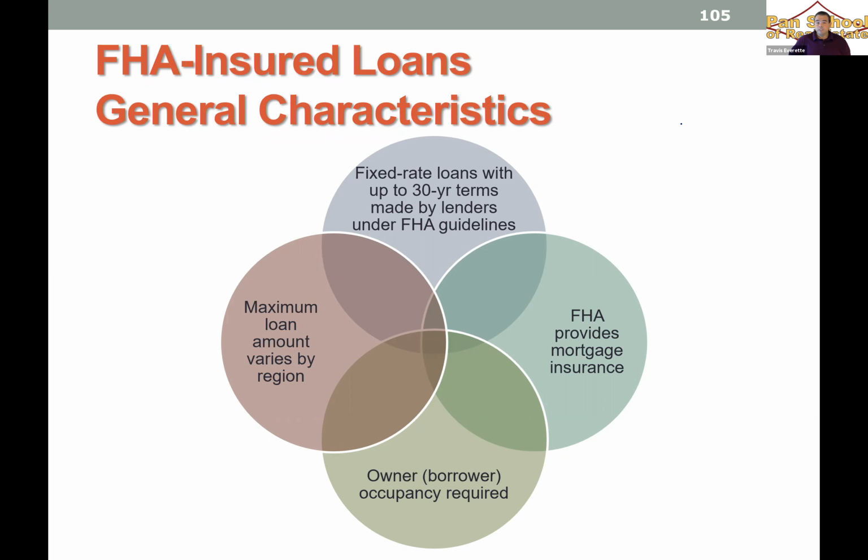The mortgage insurance, just the mortgage insurance on an FHA loan, the current rate for it is 1.5% of the loan amount annually. That means if you owe $200,000 on an FHA loan right now, you're paying $3,000 a year just in the mortgage insurance.